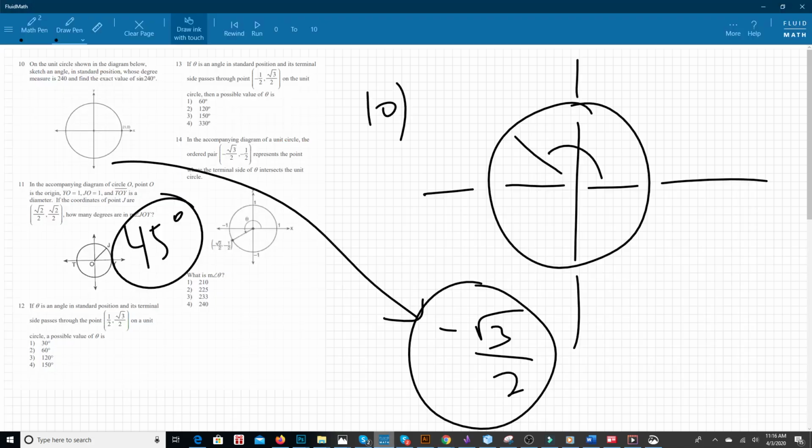Let's go back. Question 13: If theta is an angle in standard position and its terminal side passes through negative 1/2, radical 3 over 2 on the unit circle, then a possible value of theta is what?